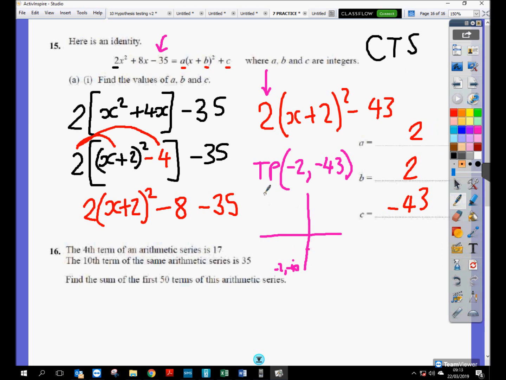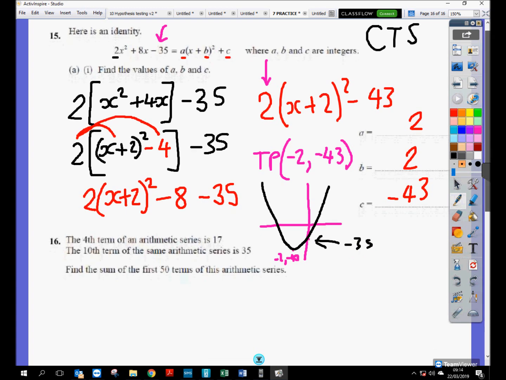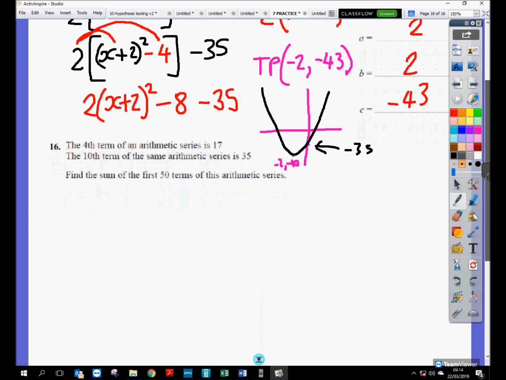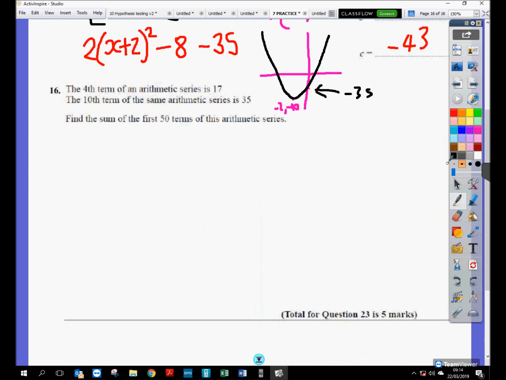Then you can draw the curve like this. Turning point at the bottom of the bowl, but it also crosses here at negative 35. And that's a sketch. That's a bit over the top, but you quite often get these questions as part B or part C.